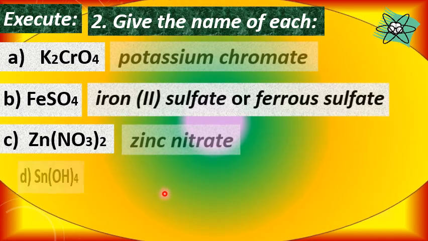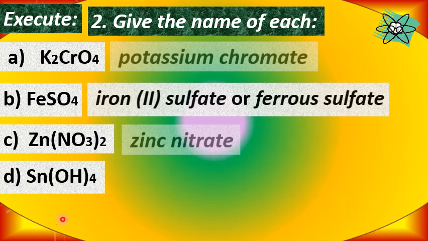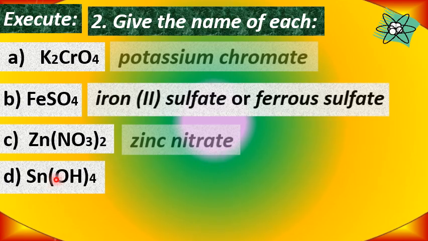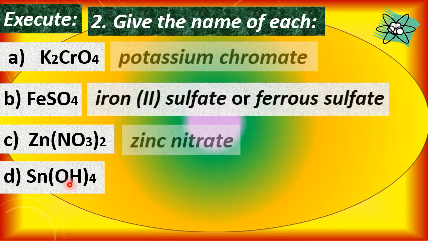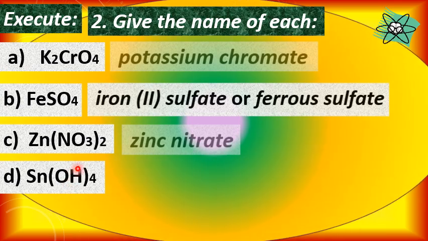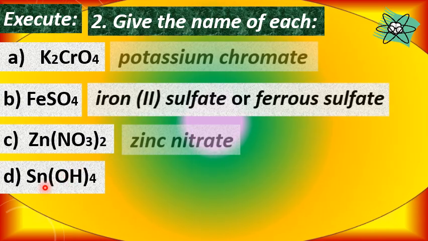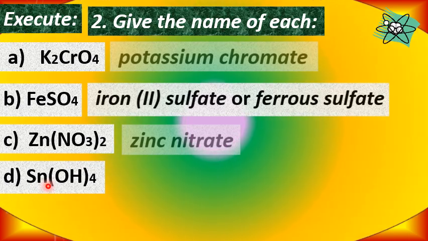Now, for the compound in letter D, it's written as Sn(OH)4, where Sn stands for tin and OH stands for hydroxide, the polyatomic ion whose ionic charge is negative 1. When crisscrossed, tin has a subscript 1.